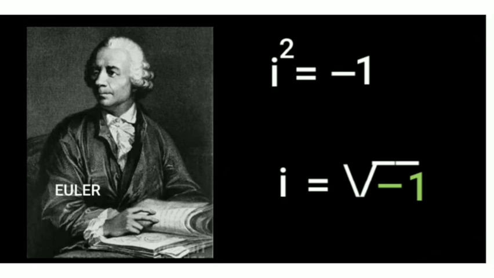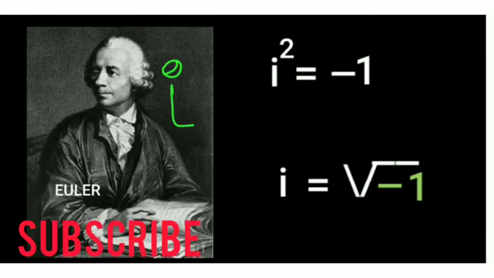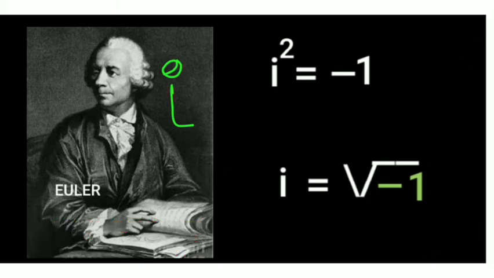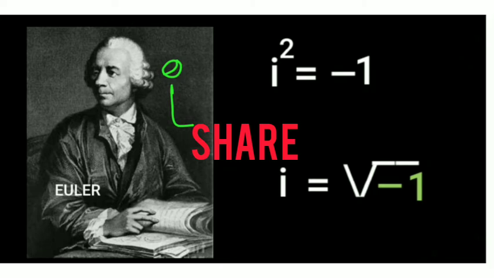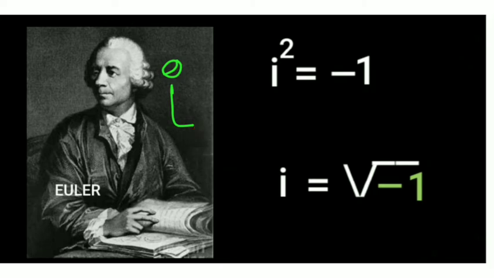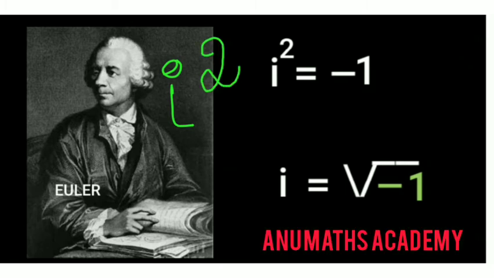He also gave the new symbol, that is i, which we also call simply iota. This iota, when we square it, will give a negative value, that is minus 1. i square equal to minus 1.